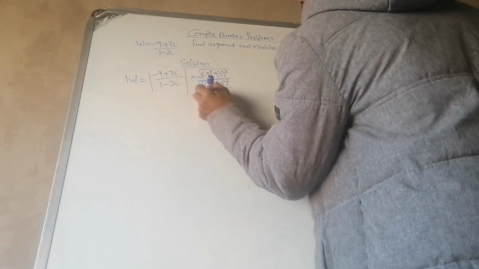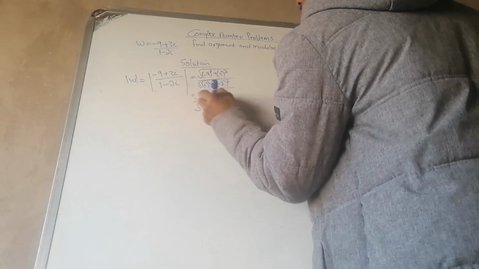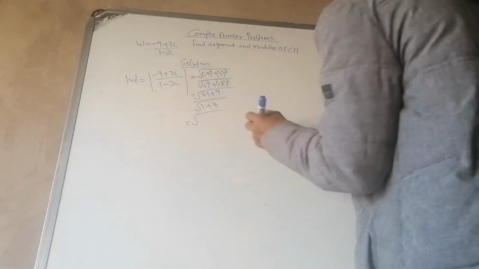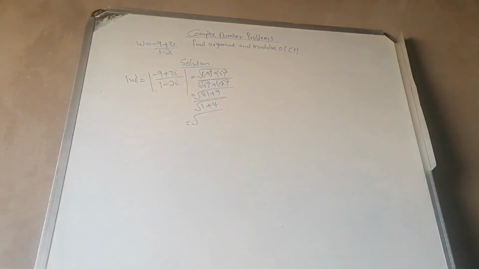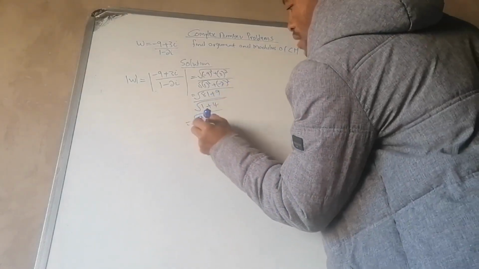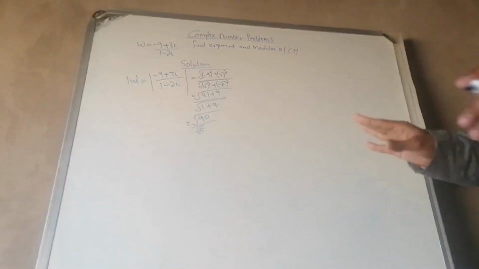And I'll find 81 plus 9, I'll find 1 plus 4. And what is 81 plus 9? 81 plus 9, that will give you 90. So you will have root 90 divided by root 5.